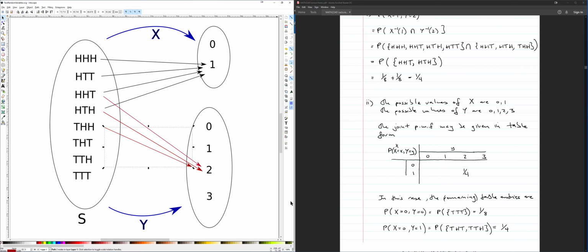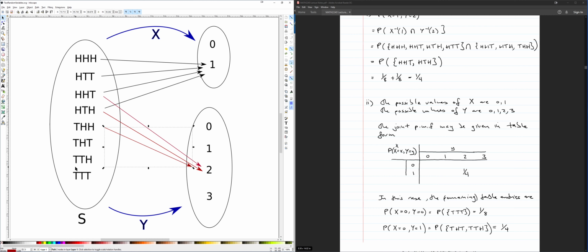Alright, and then y is equal to 0. So y, well, what is y? Y is the total number of heads, right? For you to have y is equal to 0 means that the total number of heads is 0, and the only way the total number of heads is going to be equal to 0 is really just this case over here of all three coin flips being tails.